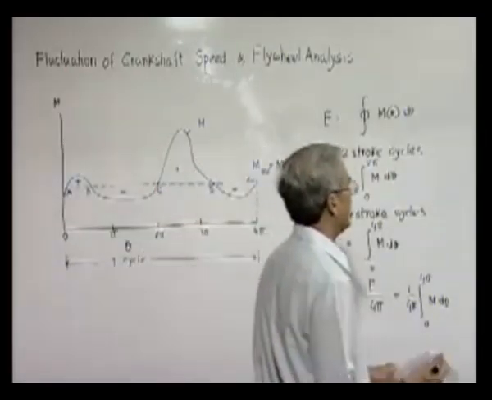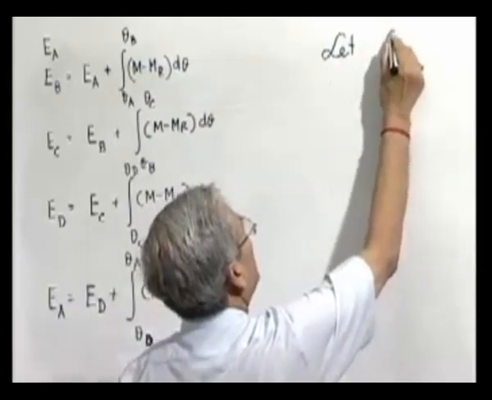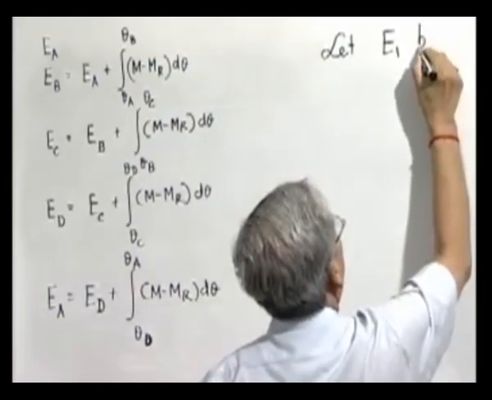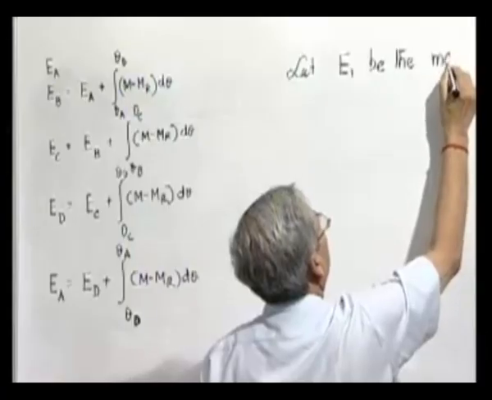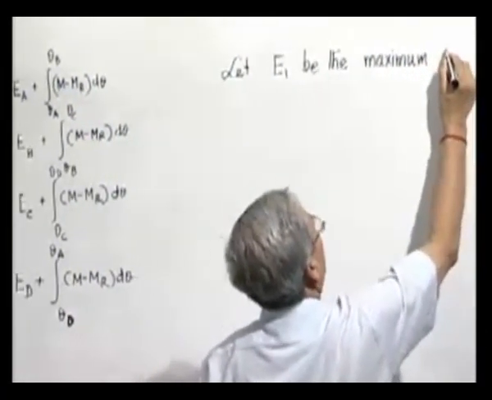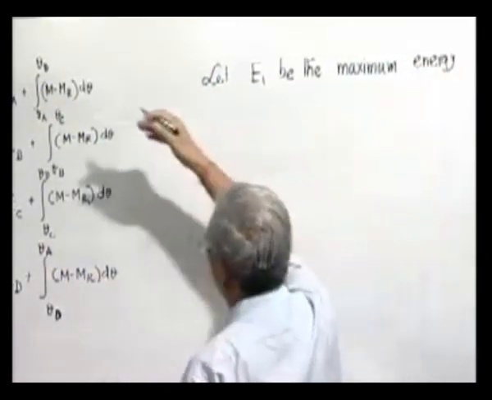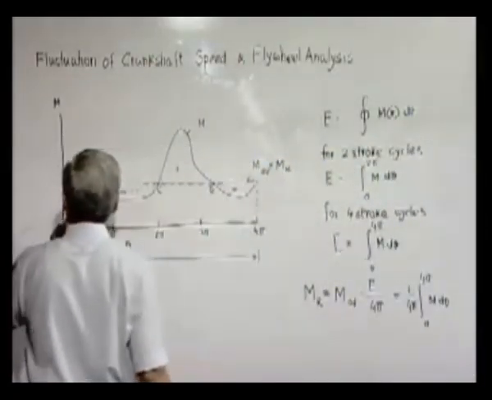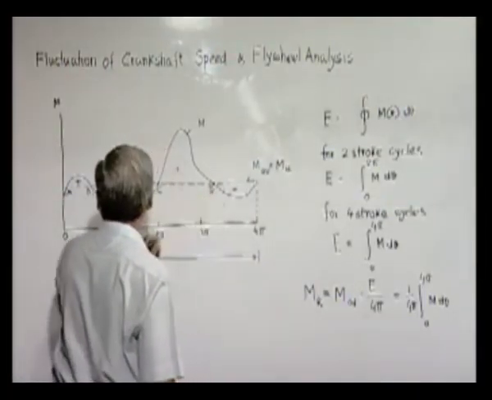Now let E1 be the maximum energy. Amongst all these, of course, you have to see that energy can be maximum in any of these points, here or here and so on.